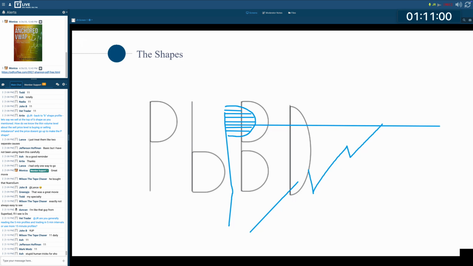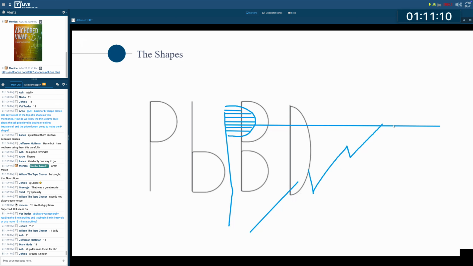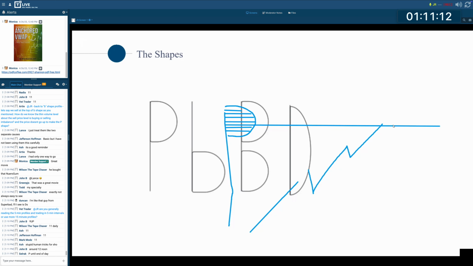So if you have some kind of bias, you should refer to the biases we studied last week. But if you have some kind of bias telling you incorrectly the price must go down, you should overlay the profile next to it, because oftentimes you're above point of control and you're selling, you're not even at value area high, and you just get smoked.